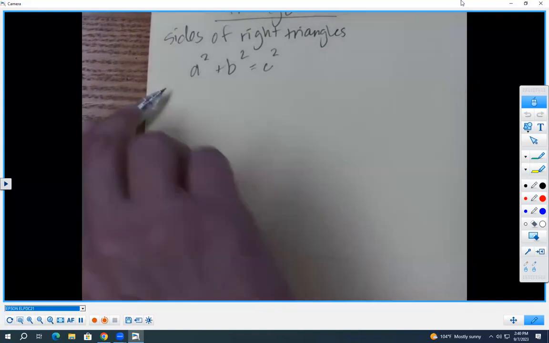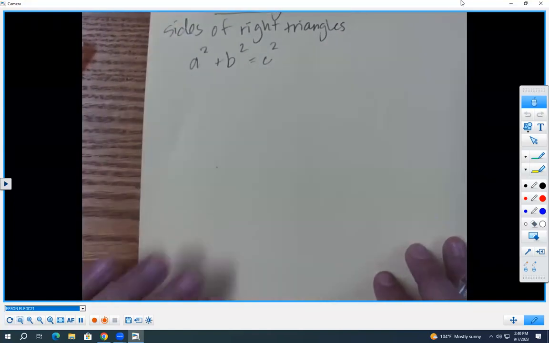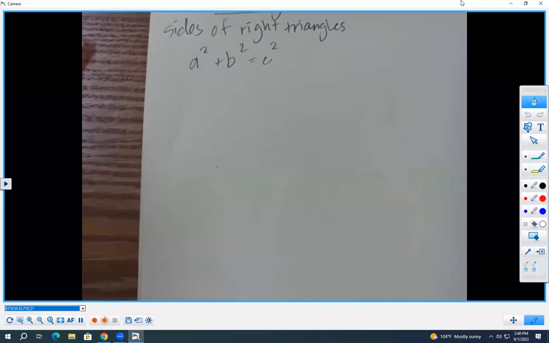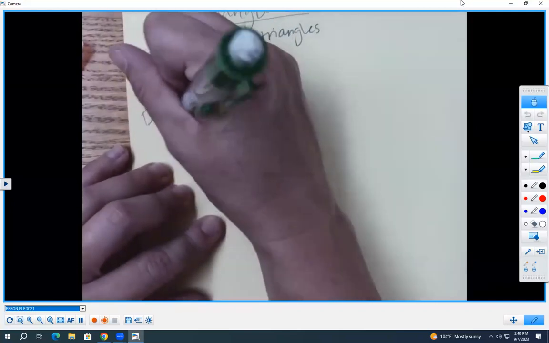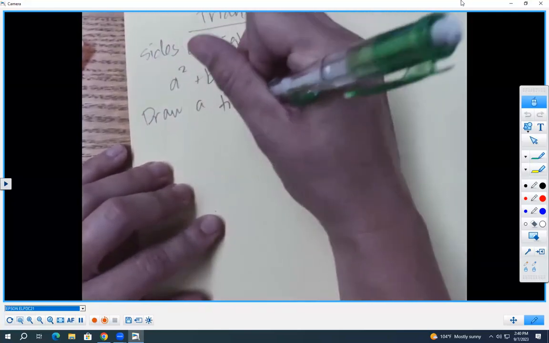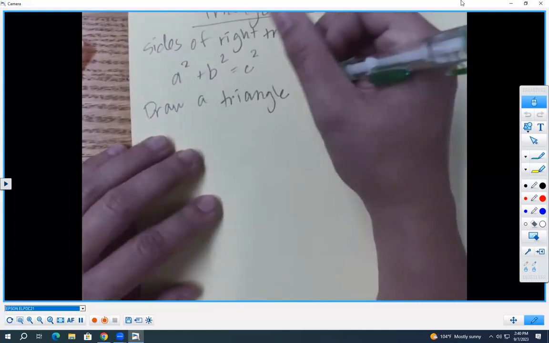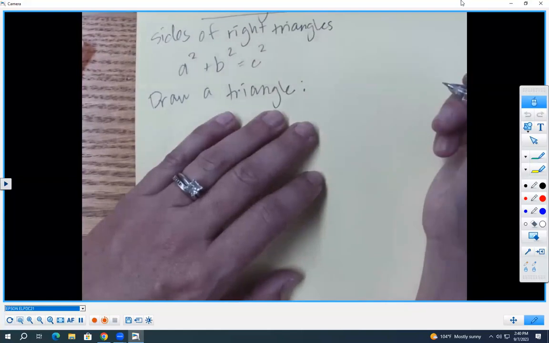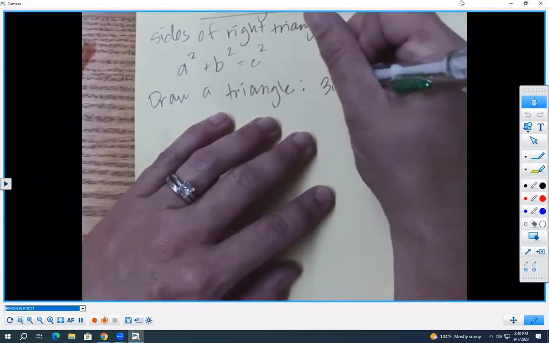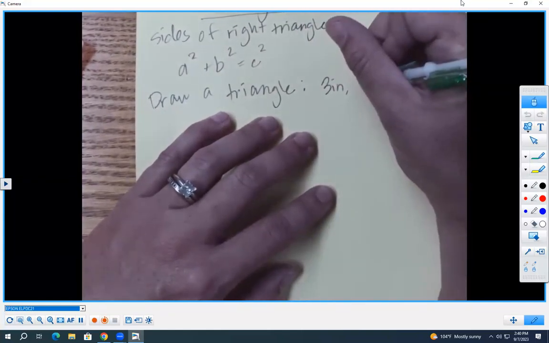So what if I said draw a triangle with sides that are length 3 inches, so we're going to draw a triangle. And we're not constructing here. We're actually using a ruler and drawing. So if you need a ruler, I'll get you one. So we're going to draw a triangle with side lengths of 3 inches or centimeters.